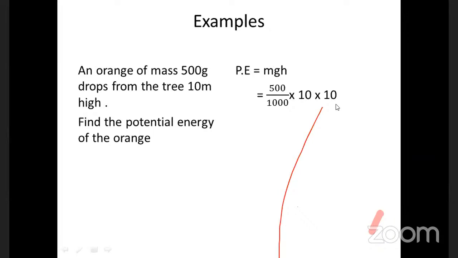So when you multiply this out, what do you get? What will be the answer? 50 joules. You get it?